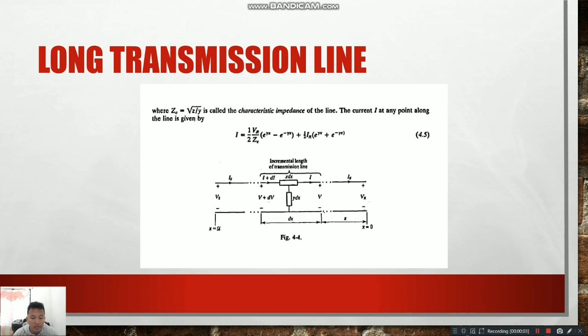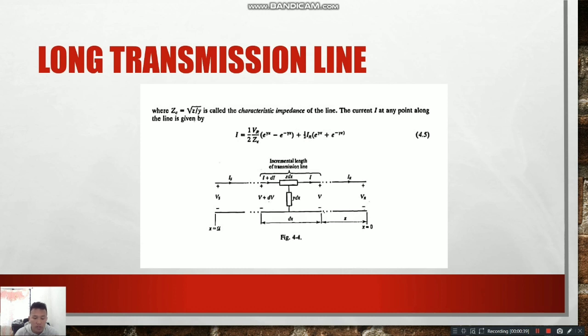So let us consider a distance x from the receiving end Vr on the transmission line, with an incremental length of dx, where the voltage is increased to V plus dV, and here the voltage is V. So the net impedance we take to be z dx, and the net admittance we are taking to be y dx. The equation that will be formed due to this assumption is dVx = Ix z dx.